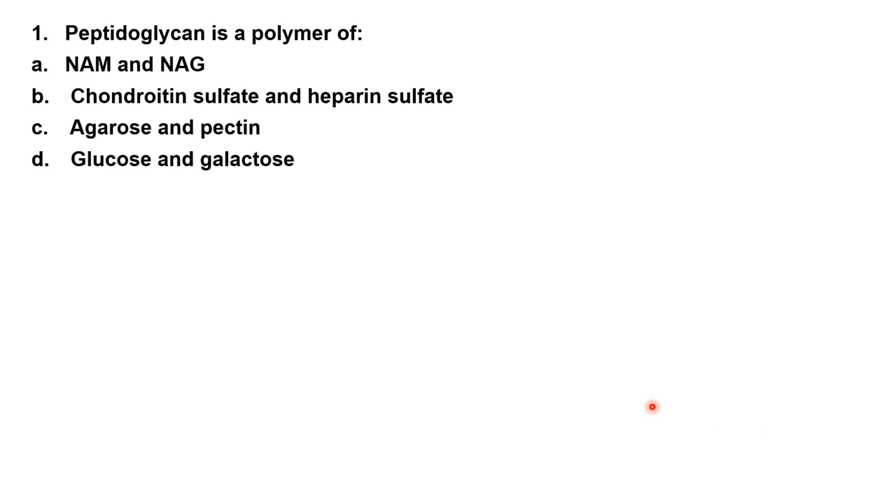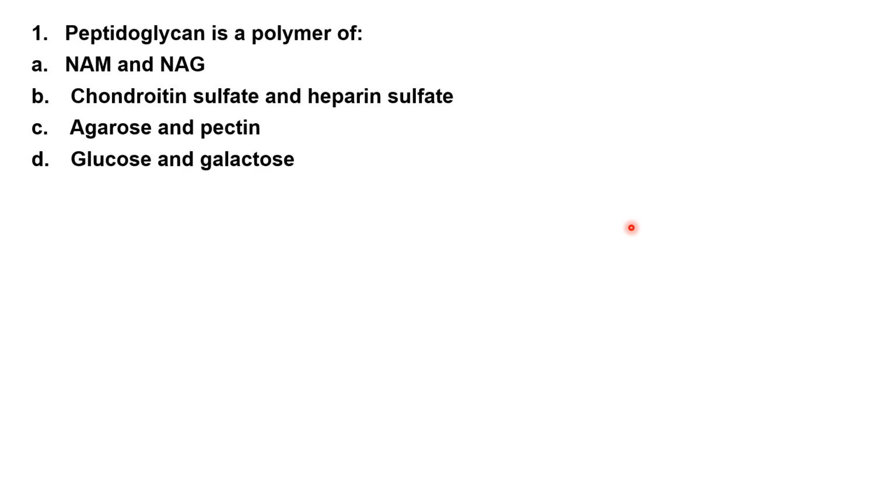Okay, so now tell me, who can answer this question? Peptidoglycan is a polymer of... Okay, yes, everyone agrees with option A. We discussed just now that it is made up of repeating units of sugar derivatives NAM and NAG, N-acetyl muramic acid and N-acetyl glucosamine. Also try to remember the bond between these two sugar derivatives.